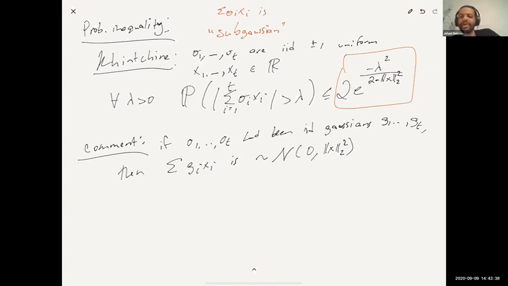It decays at least as fast as a Gaussian does. In fact, the proof that I'm going to put in the notes is a very simple proof that directly relates the answer to Gaussians. Then you can just look up the tail bound for a Gaussian, or try to prove it. I'm not going to prove it in class.